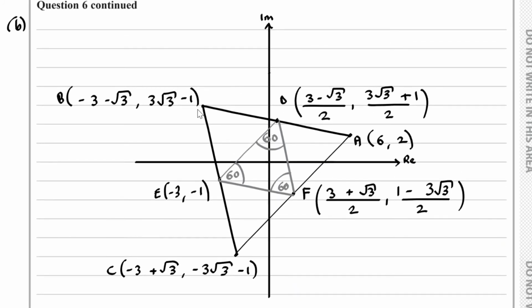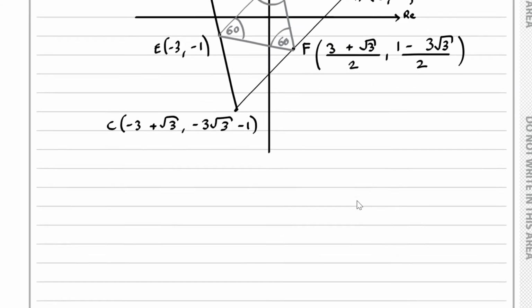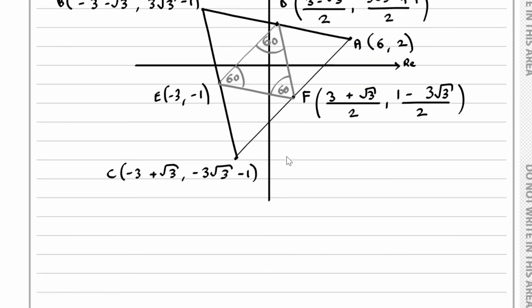Okay, so we've now worked out the coordinates of D, E and F, and the next thing to notice, because we have an equilateral triangle, is that DE equals EF equals FD. Okay, so we can actually find the length using the length formula.